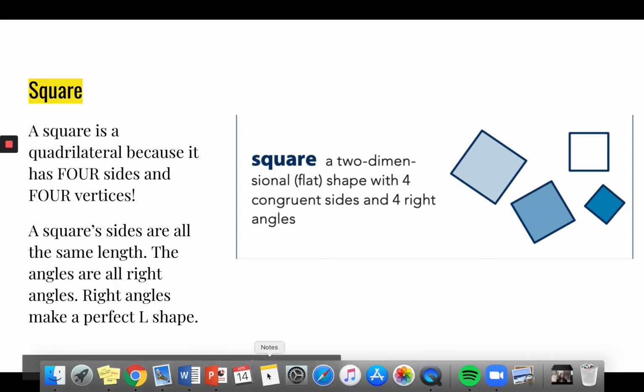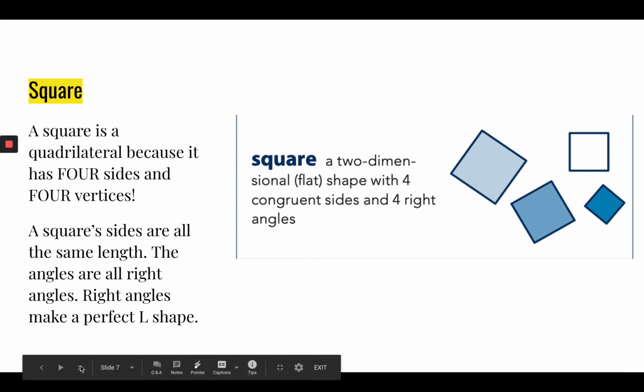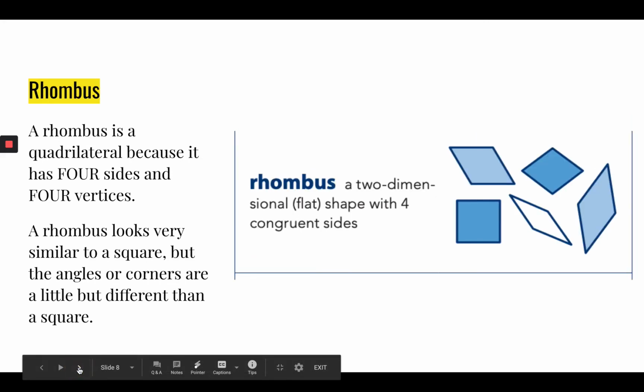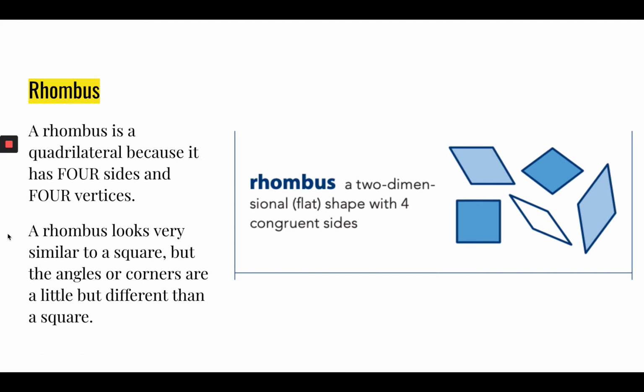Okay? The next quadrilateral we're going to be looking at today is a rhombus. So a rhombus looks very similar to a square. Remember, a rhombus is a quadrilateral because it has four sides and four vertices. A rhombus is similar to a square, but the angles or corners are a little bit different than a square. They're a little bit more narrow.